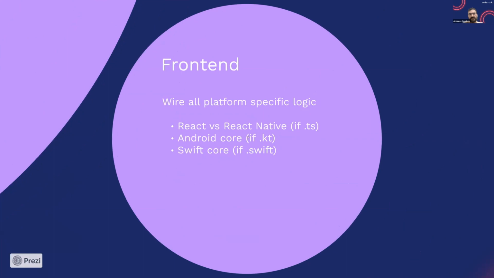And then at the front end, the app layer is usually where you wire up all the customer and platform specific logic. So you might differentiate different UI layers, let's say, depending on if you're using React or React Native for your web application. You might wire up the Android core dependencies if you're developing an Android application, or the Swift core dependencies if you're developing a Swift application.